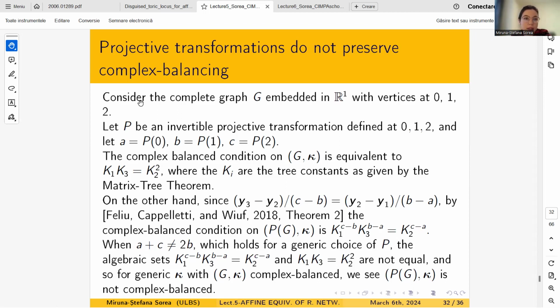This example shows that complex balancing is not preserved under projective transformations.